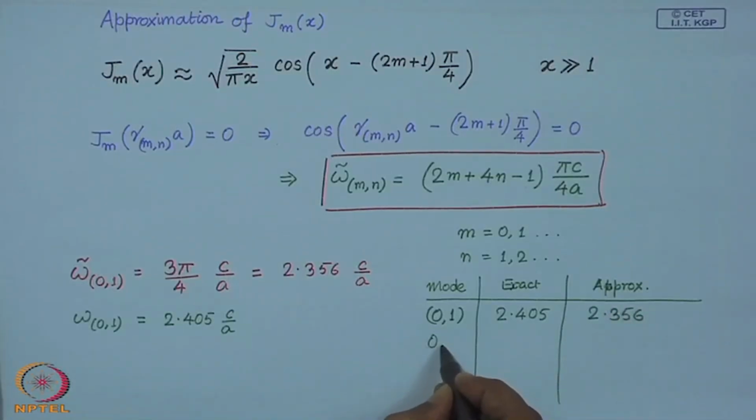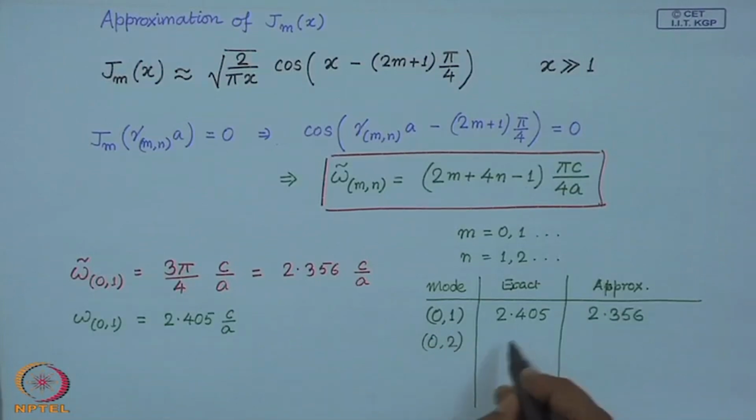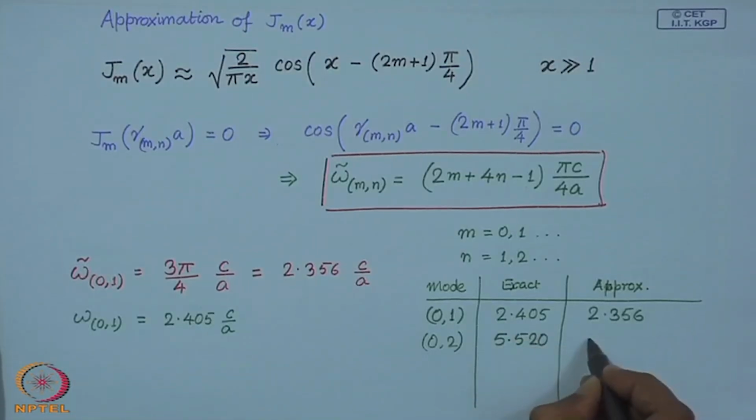If I take 0 2, the exact solution is 5.52 and this one turns out to be 5.498.